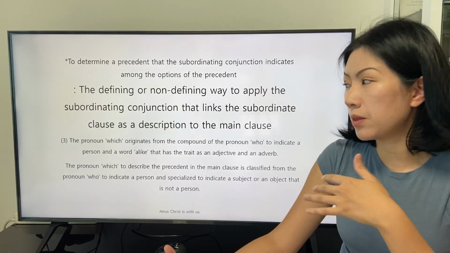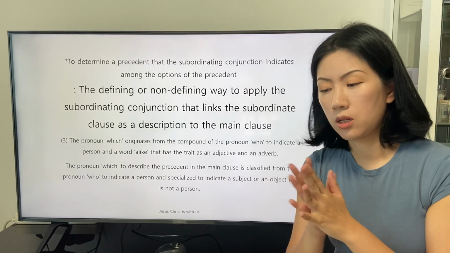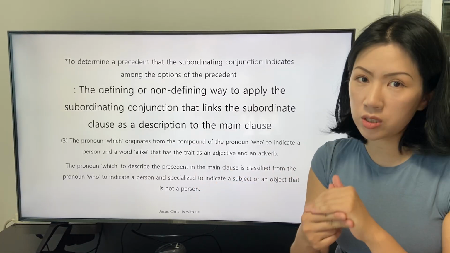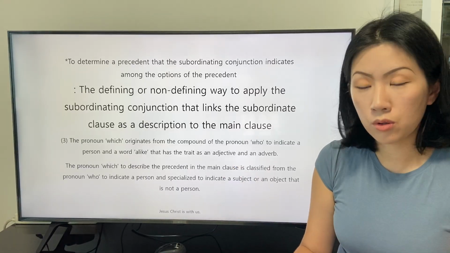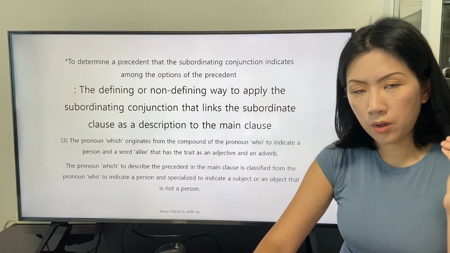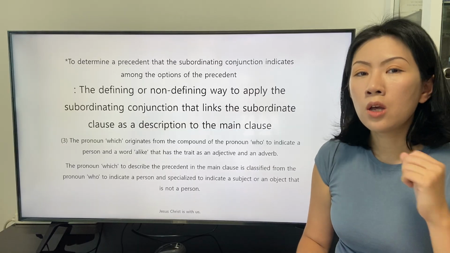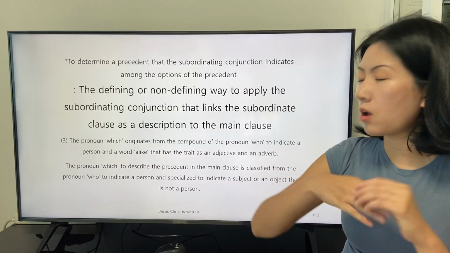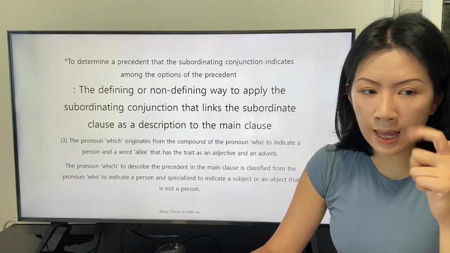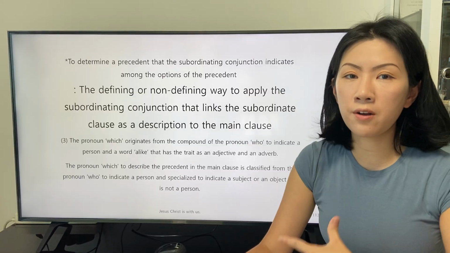The premise to apply the pronoun which is a bit special compared to the application of the pronoun which as an interrogative pronoun, because this is able to be understood from the origin of the pronoun which. The pronoun which originates from the compound of the pronoun who, to indicate a person, and a word alike.